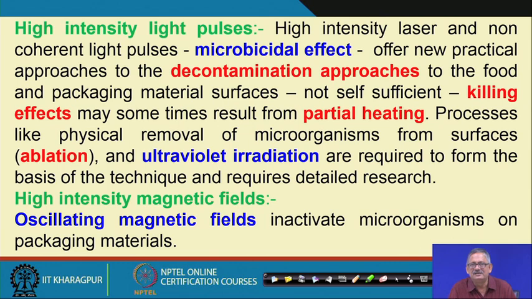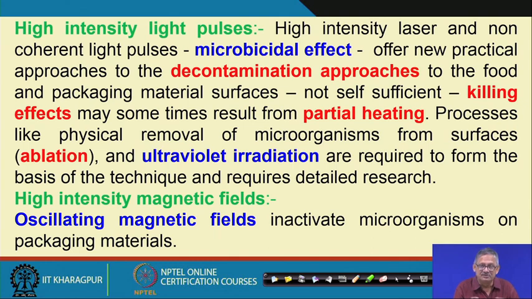Then high intensity magnetic fields. So, if you also incorporate high intensity magnetic fields like oscillating magnetic fields, where this oscillation inactivates the microorganisms on the packaging material. So, you have already packed the material.